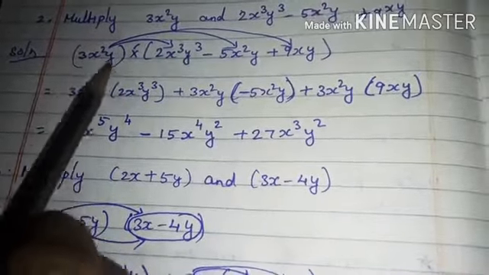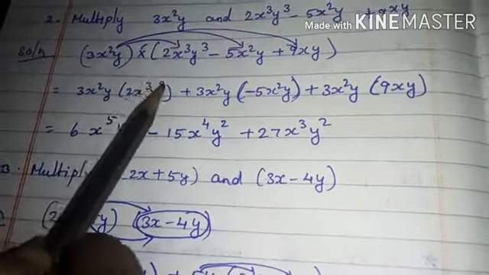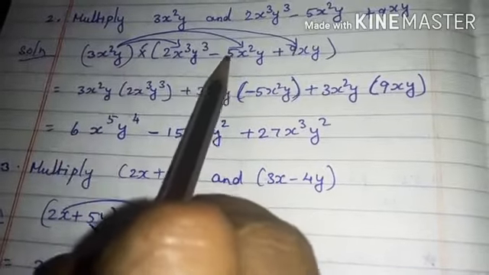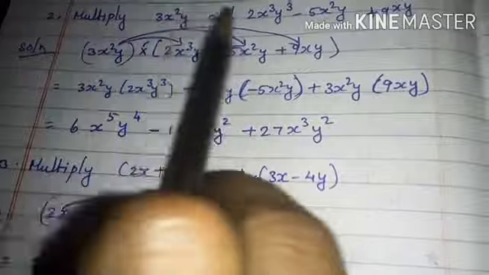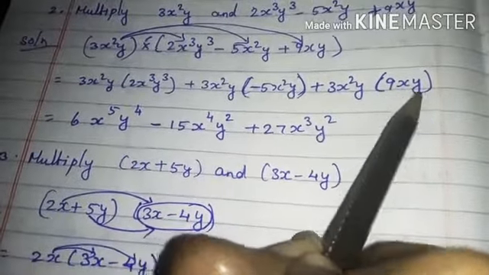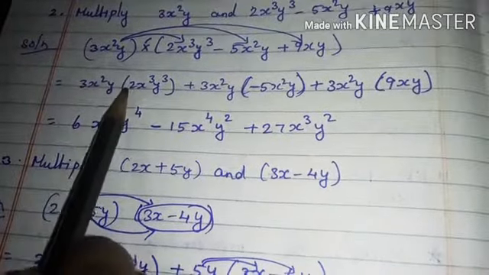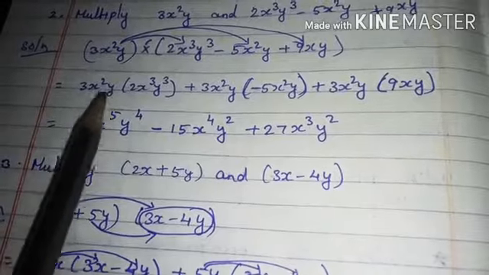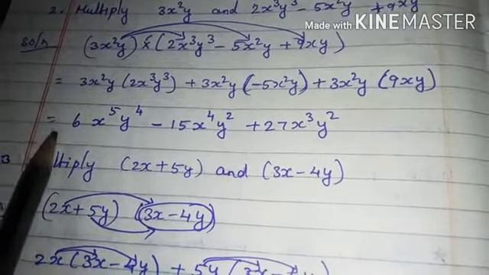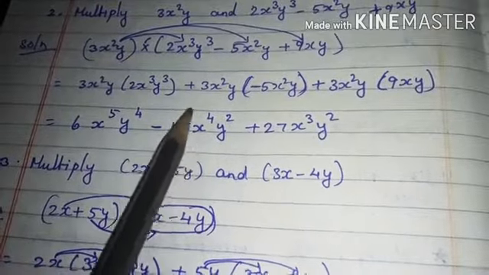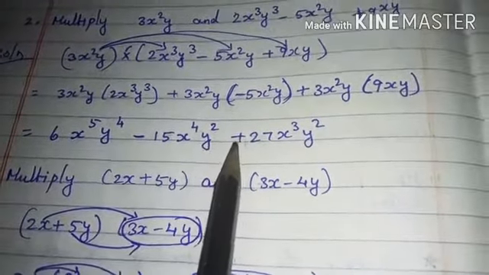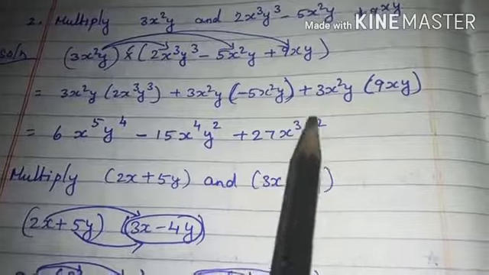That is 3x square y multiplied by 2x cube y cube, and the 3x square y has to be multiplied with minus 5x square y, and the 3x square y is multiplied with 9xy. Then again we multiply the sign and the coefficient. Then you have to multiply the variable. We get 6x power 5 y power 4 minus 15x power 4 y square plus 27x cube y square.